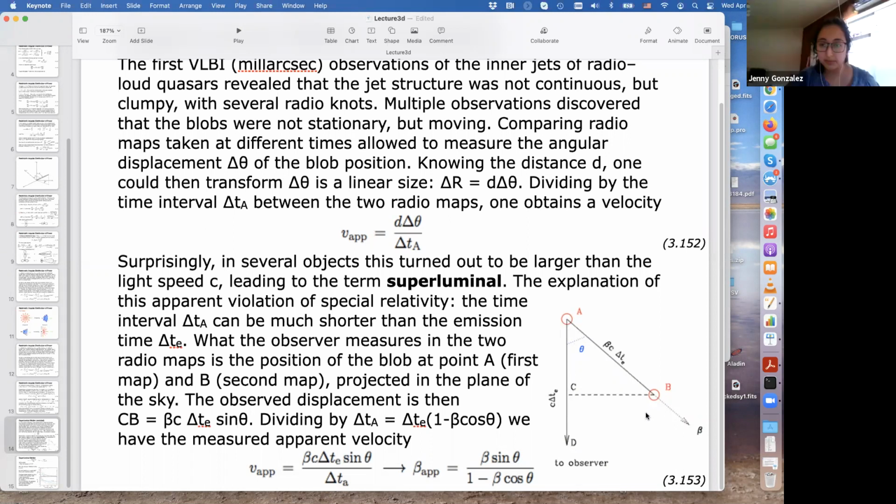Okay. So the apparent velocity we see between the point C and B. Correct. How fast is B moving away from C or from A, right? So ultimately it looks like A is the center and B is a blob moving out. And so what we want to measure is this distance here, which is the distance on the sky.